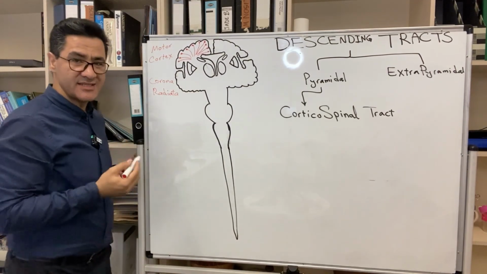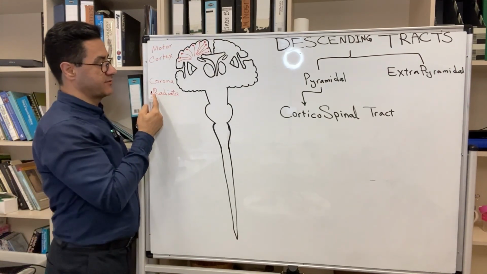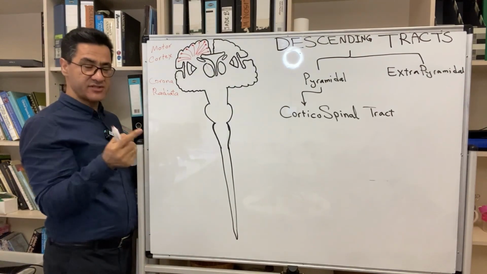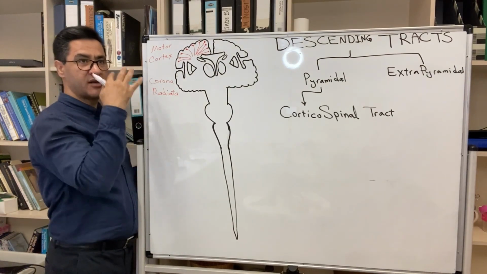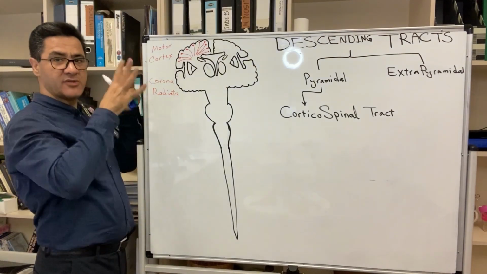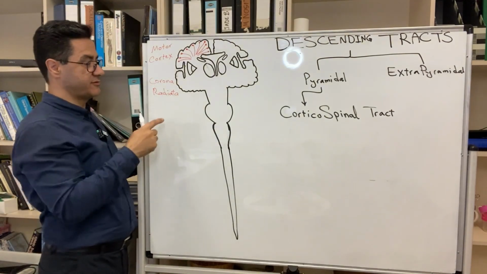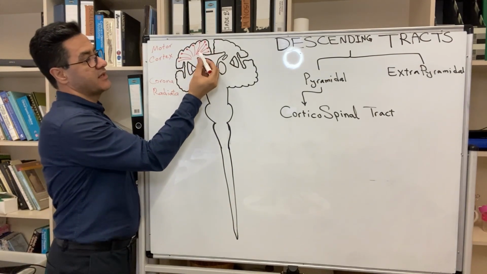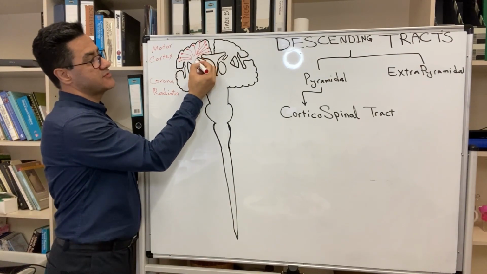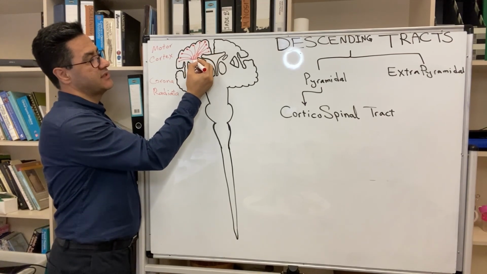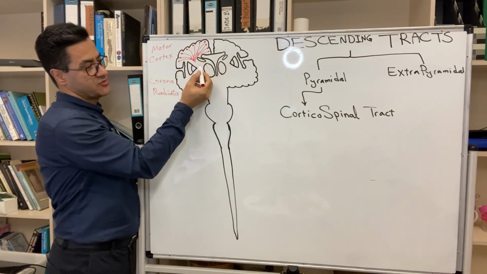Corona radiata is a Latin word that means crown radiation. A crown is a circle, and radiation is like light rays. So imagine that we have a crown and some light rays coming off from the crown. So it's called corona radiata. Then all those axons condense, coming together and passing through this way.